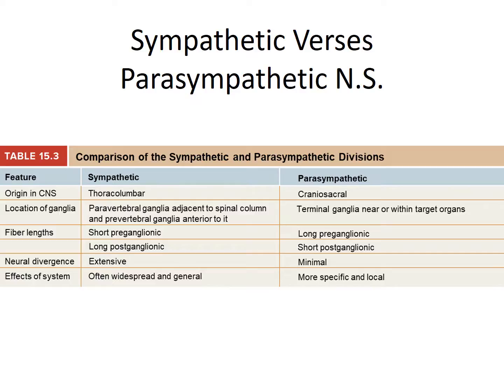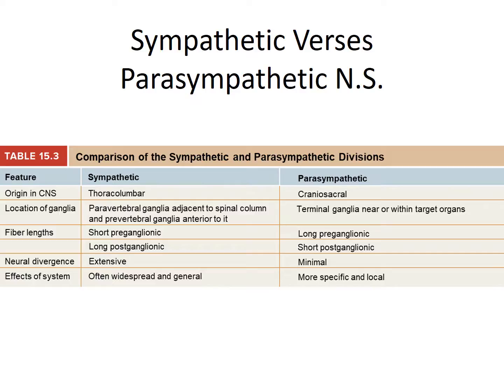For the ganglia of the sympathetic nervous system, it's the paravertebral ganglia. Remember, that's also called the sympathetic chain ganglia, or the prevertebral, meaning the collateral ganglia anterior to it. In the parasympathetic division, the preganglionic fibers are going to synapse with postganglionic fibers in terminal ganglia that are near or within the target organs.